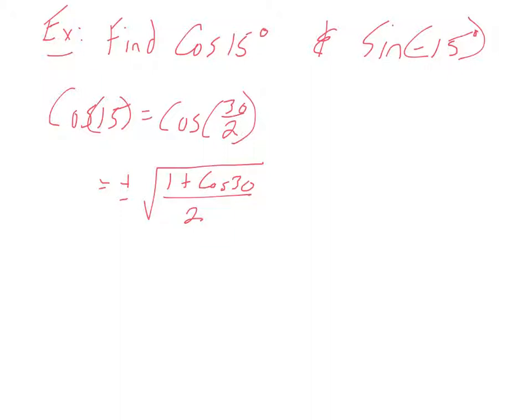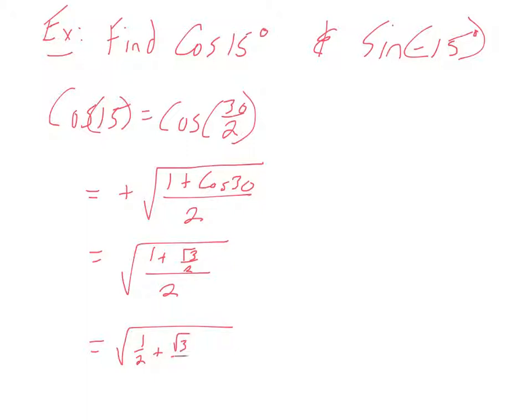Now, 15 degrees, should cosine be positive or negative in that situation? Positive, so we're just going to get rid of the negative one of those. The only one that makes sense is the positive one. And so we'll get the square root of 1 plus cosine 30, which is square root of 3 over 2, all over 2, right? And so we'll end up with square root of 1/2 plus square root of 3 over 4, right?